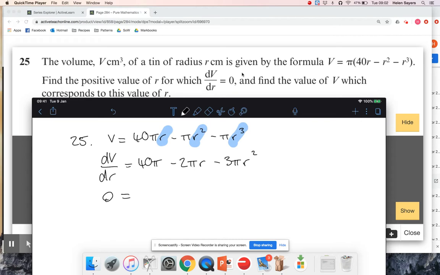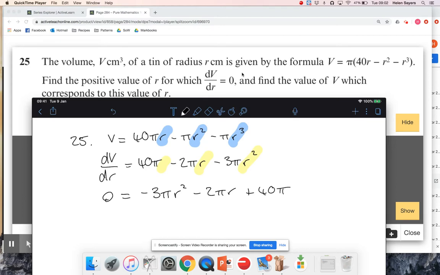Now, I have actually got a quadratic here. I've got an r squared, an r, and then a constant term. So I will be absolutely fine just to put this straight into my calculator, which is going to be the easiest way to do it. Let me just rewrite it in the standard order. There's my r squared, there's my r, and there's my constant.